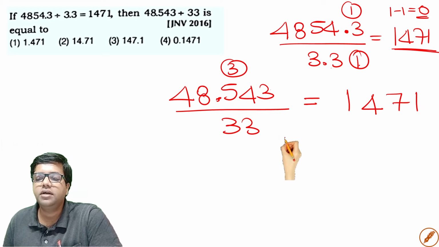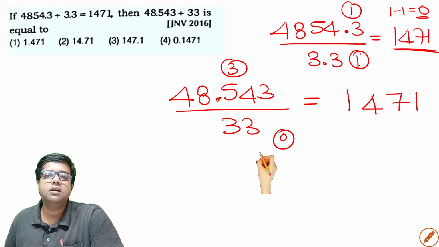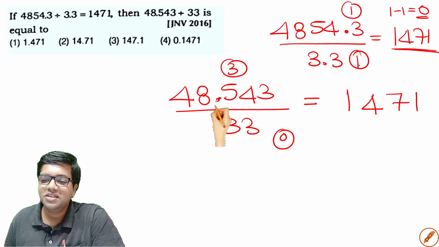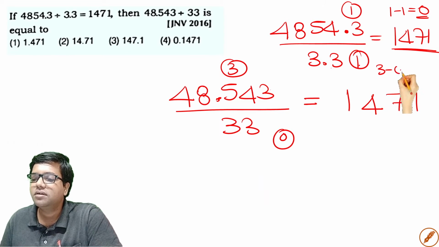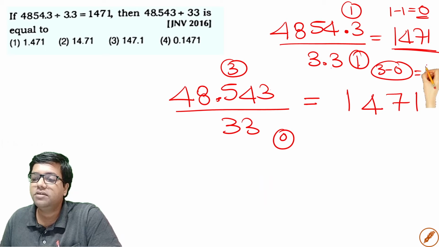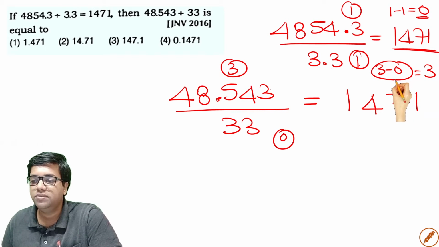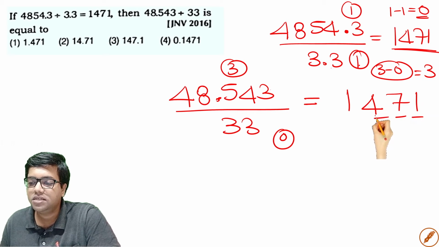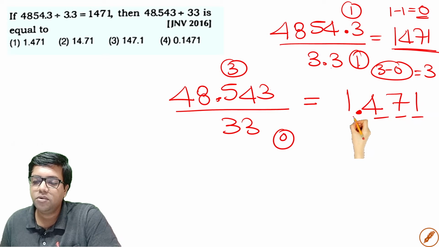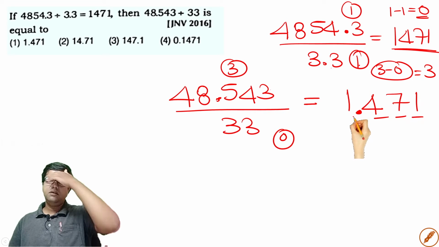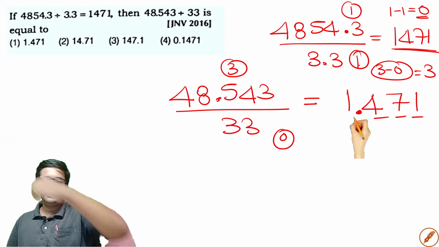Here in the denominator, after 0 digits the decimal point is there, right? So therefore 3 minus 0 will give you 3. So therefore after 3 digits you need to keep a decimal point.